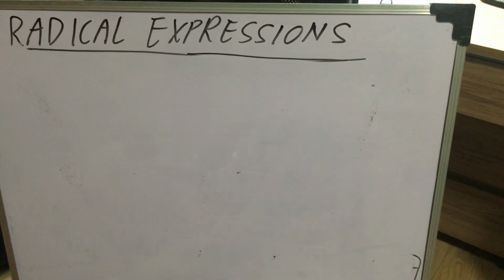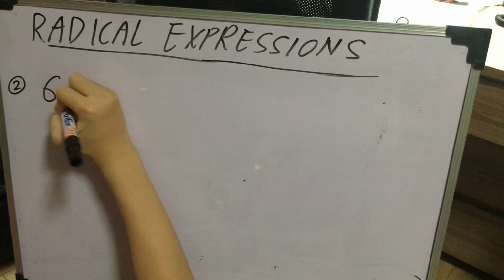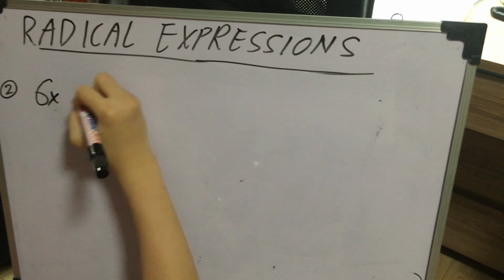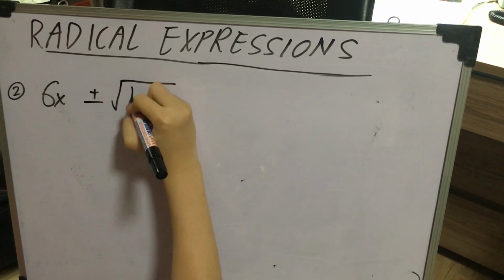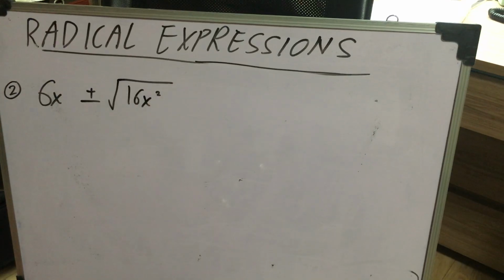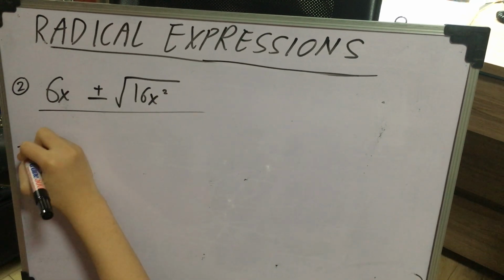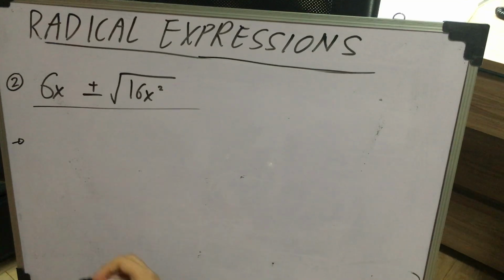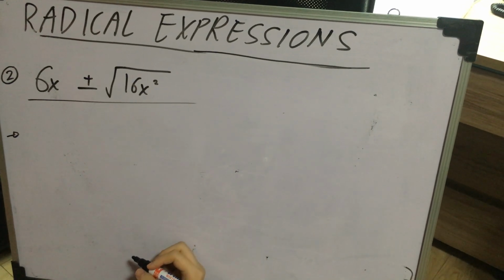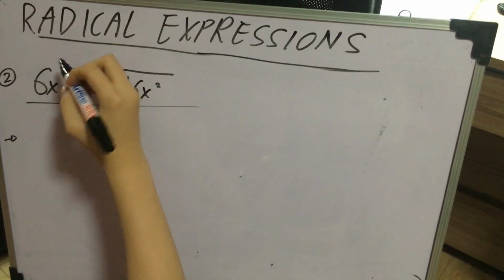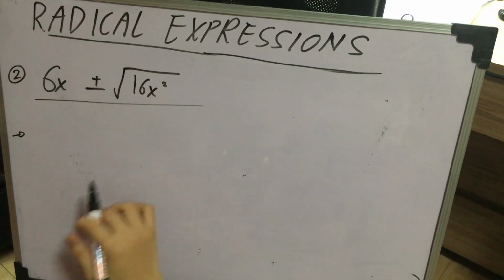Second example, 6x plus or minus the square root of 16x squared. First, the basic rule for this, just a personal tip for you, would be to simplify the two sides before adding or subtracting.